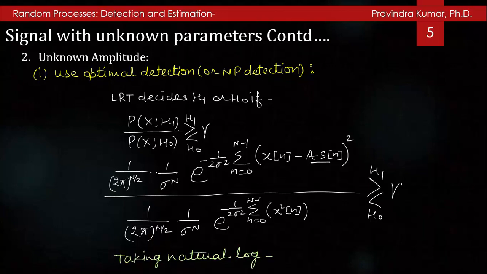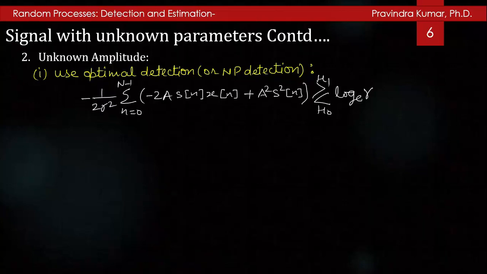Taking the natural log of both sides, you will get 1 by 2 sigma square summation n=0 to N minus 1 of minus 2A s[n] x[n] plus A square s square[n], greater than or less than log e gamma. Consider this as equation 1.